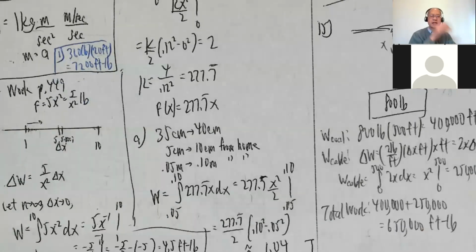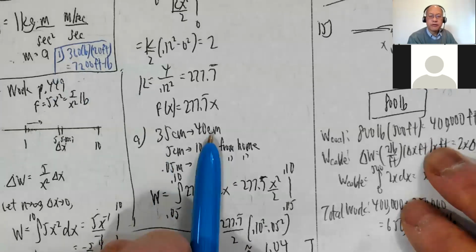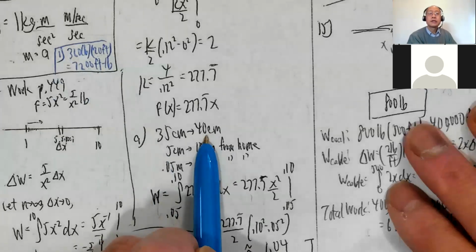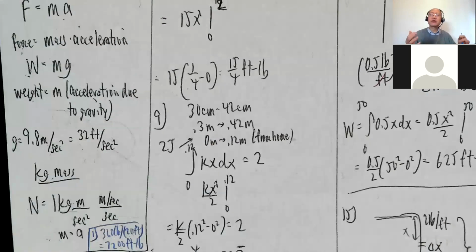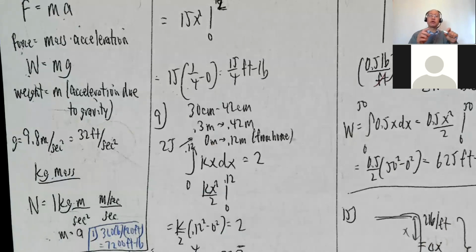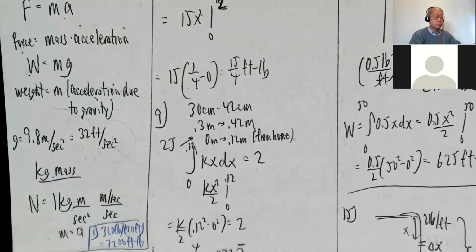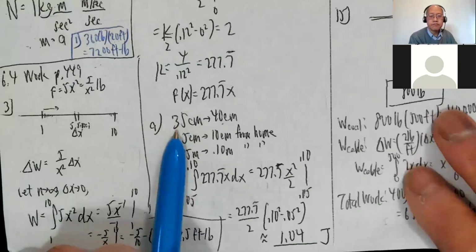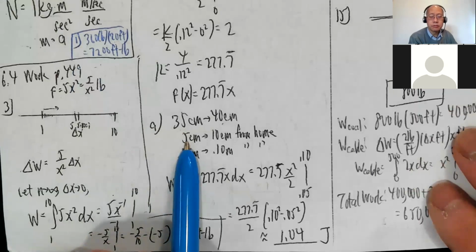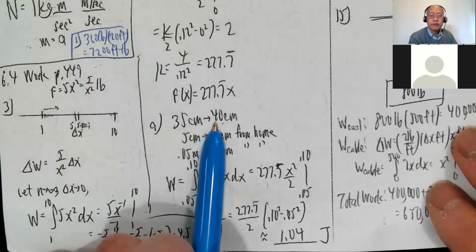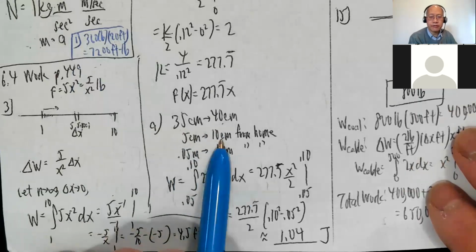Now, again, it's said to go from 35 centimeters to 40 centimeters. The home position was 30 centimeters. So when I'm using the formula F equals kx, it's the distance away from home, not the distance away from the wall. So in this case, 35 centimeters was 5 centimeters away from home. 40 centimeters is 10 centimeters away from home.